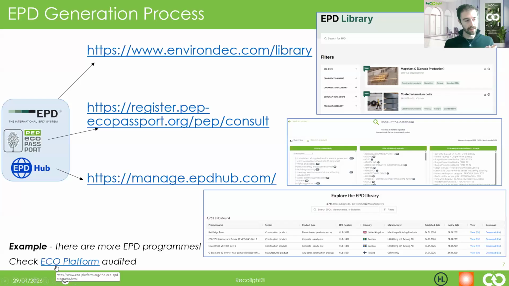In order to be Ecoplatform associated, the program operator has to be audited by Ecoplatform, and it's a really good mark of reputability. One of the easiest ways to tell whether an EPD is Ecoplatform verified is that it'll actually have a little stamp, usually on the first page of the EPD, that says it's Ecoplatform verified. A really good mark of trust.